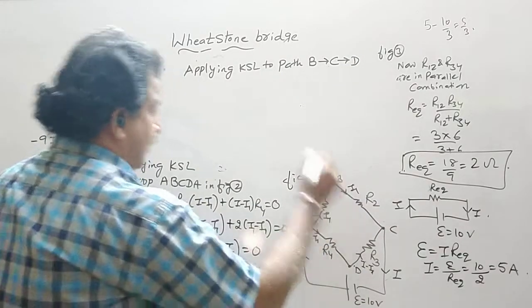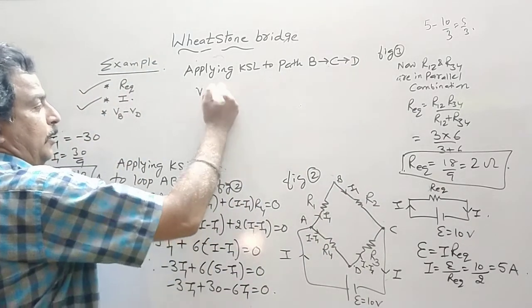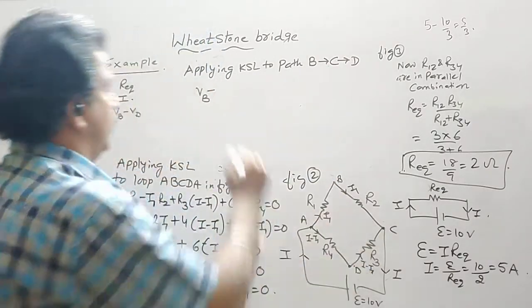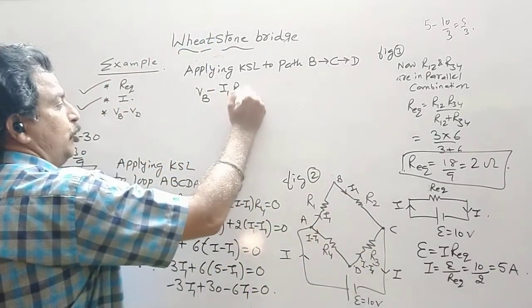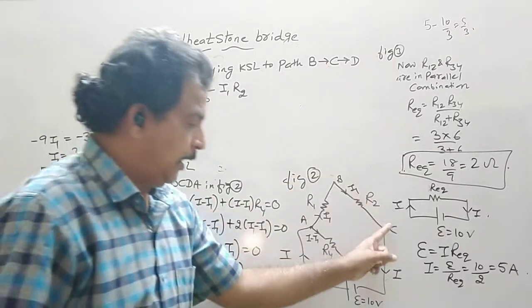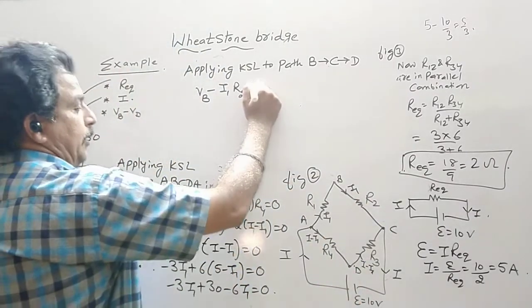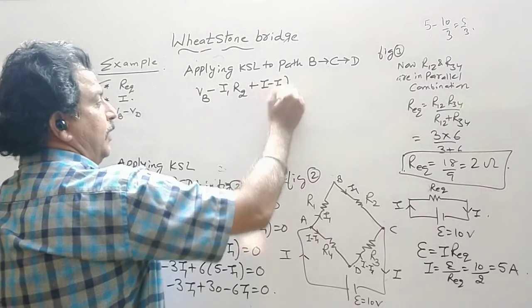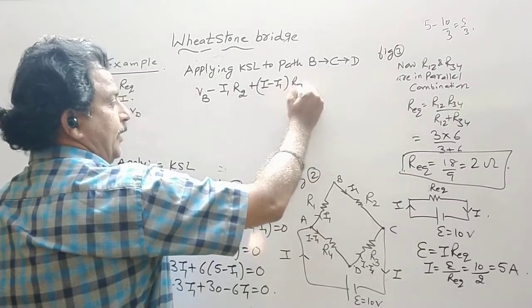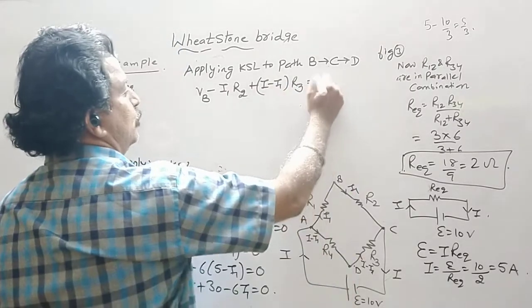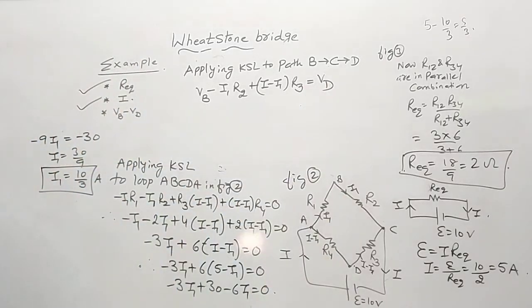So starting from B, VB minus, in the direction of current, minus I1 R2. Opposite to the current, plus (I minus I1) R3. And then I stop at D, so that is equal to VD.